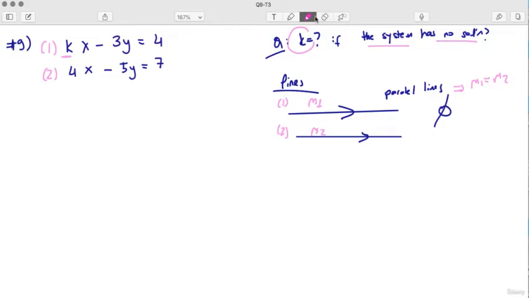Okay, very good. Now let's come back to the left part and find what m1 and m2 are. m1 is the slope of the first linear equation, m2 is the slope of the second linear equation. Let's find what they are. I'm just going to put the equations here, in blue now. First equation.